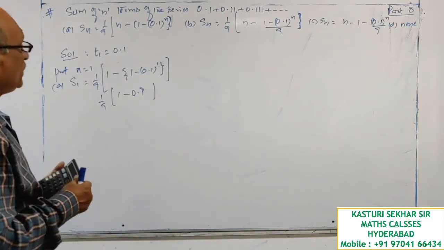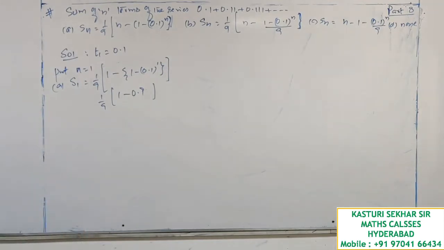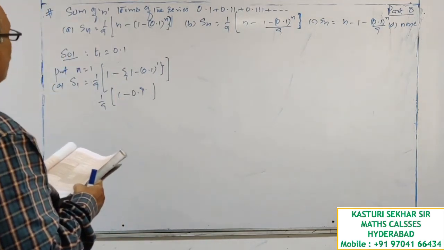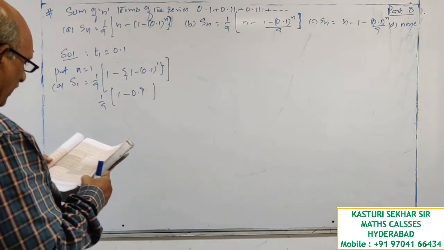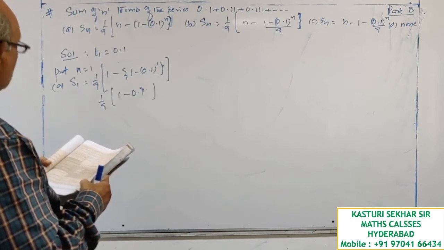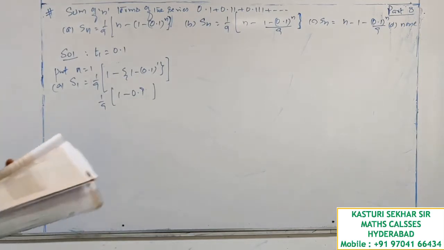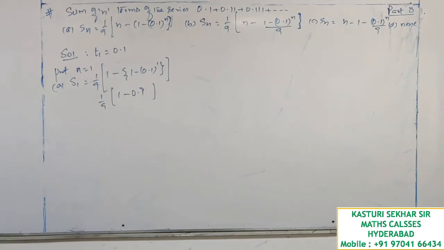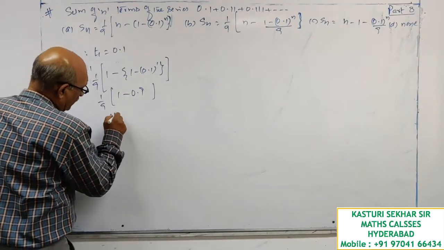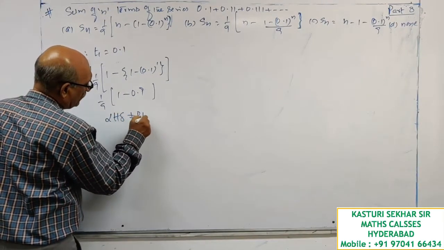Let me check up the question. n minus 1 minus 0.1 whole power n. So here LHS is not equal to RHS.